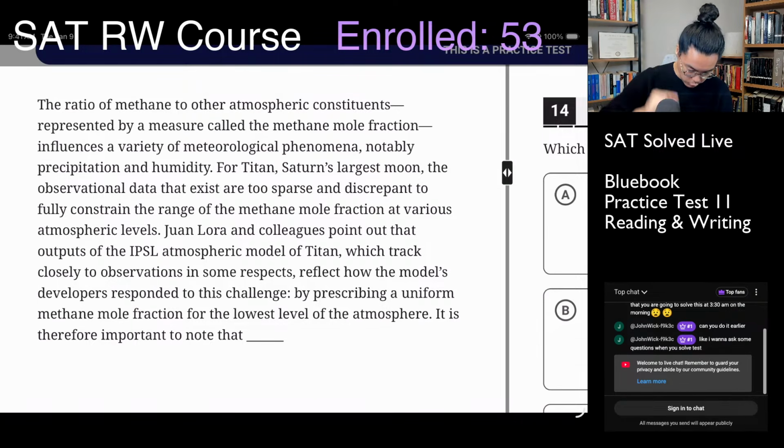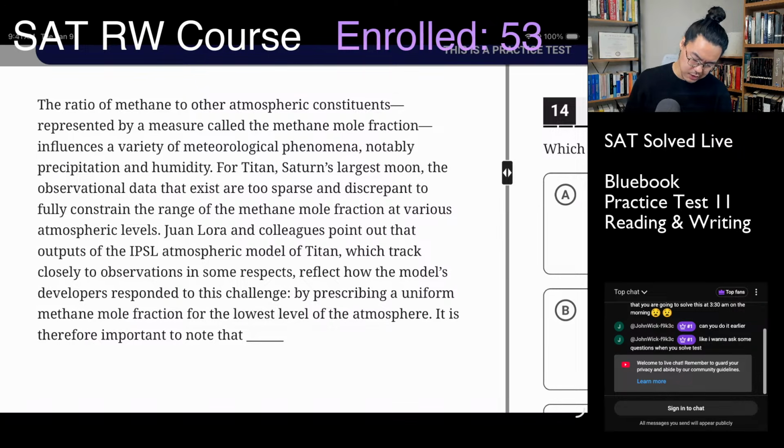So there are low, medium, and high atmospheric levels, and we don't know the range of the methane mole fraction from data. Point out that the outputs of the IPSL model of Titan, the moon, which track closely to observation in some respects but not all respects, reflect how the model's developers responded to this challenge.